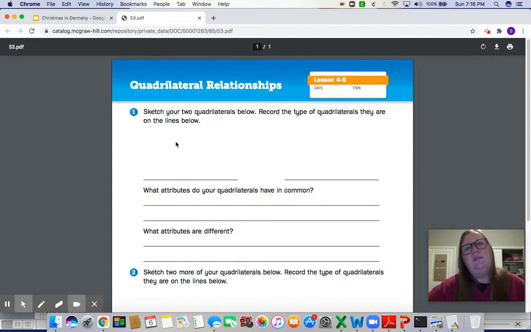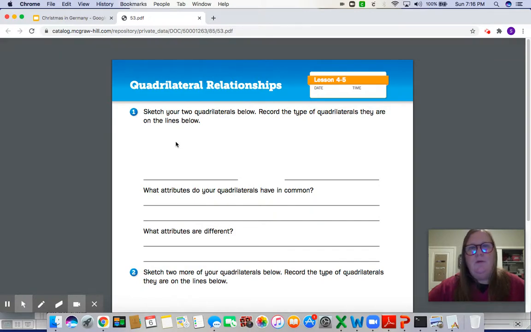I want you to sketch or draw two quadrilaterals that we just talked about, any two that you want, and tell me what attributes, so what traits do those shapes have that are the same, that they have in common, and then what attributes are different. So you could do the square and the rectangle like we just did on that slide deck, and we would tell what they have the same, meaning that they have two sets of parallel sides.